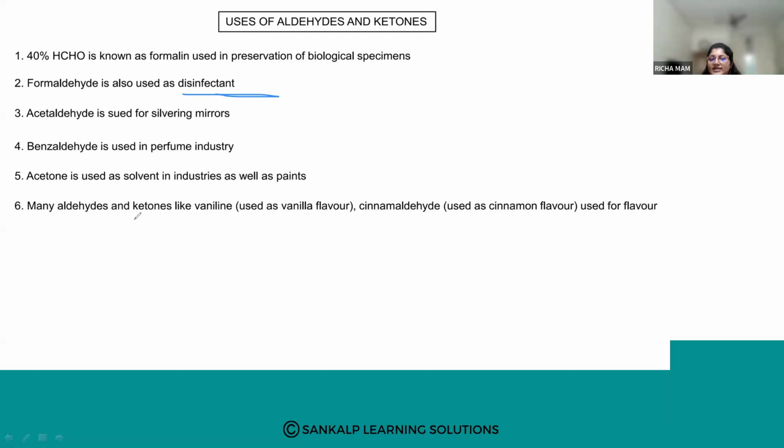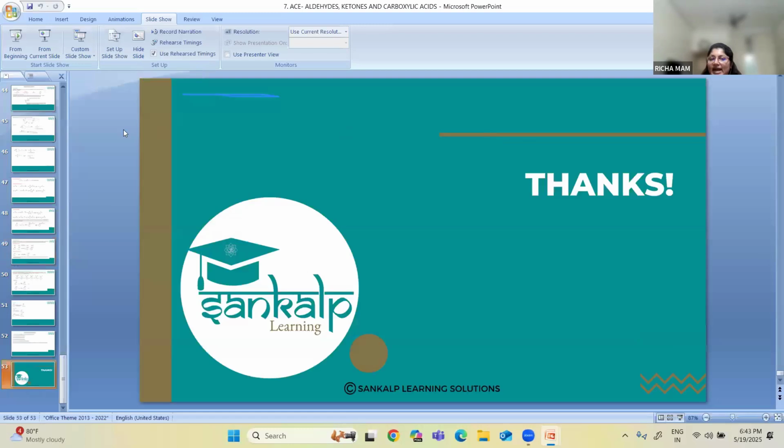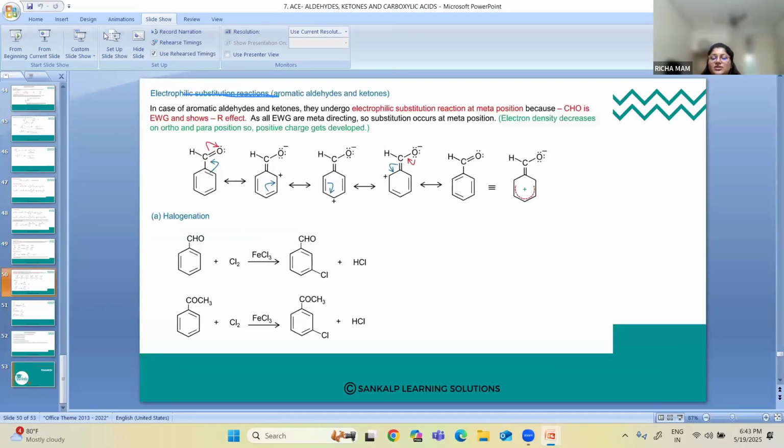Many aldehydes and ketones, like vanillin and cinnamaldehyde, are used for flavor. Vanillin is used as a vanilla flavor, and cinnamaldehyde is used as a cinnamon flavor, and so on. So these are some of the reactions and the physical and chemical properties of ketones and aldehydes.